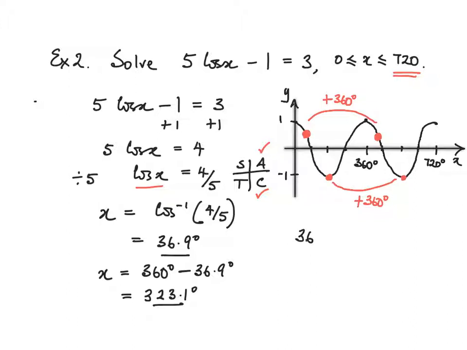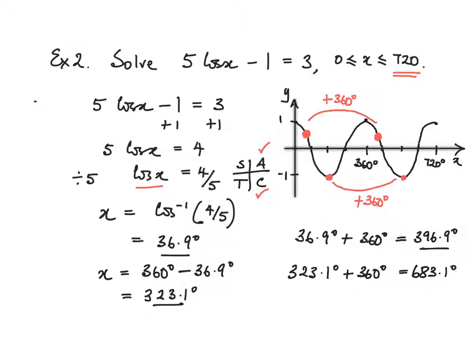So 36.9 degrees plus 360 degrees equals 396.9 degrees, and 323.1 degrees plus 360 degrees gives me the value 683.1 degrees. And in this case, we have 4 answers.